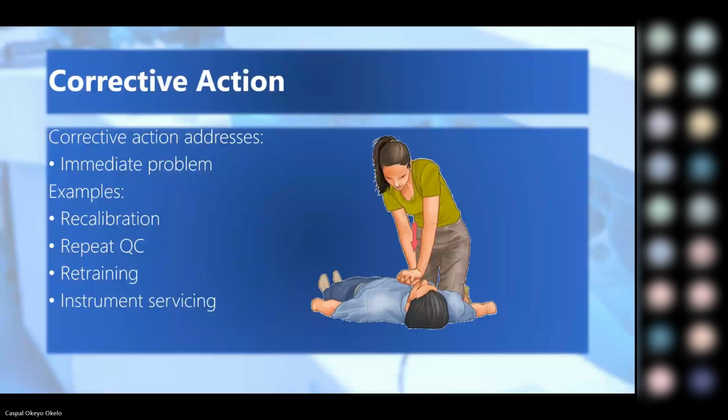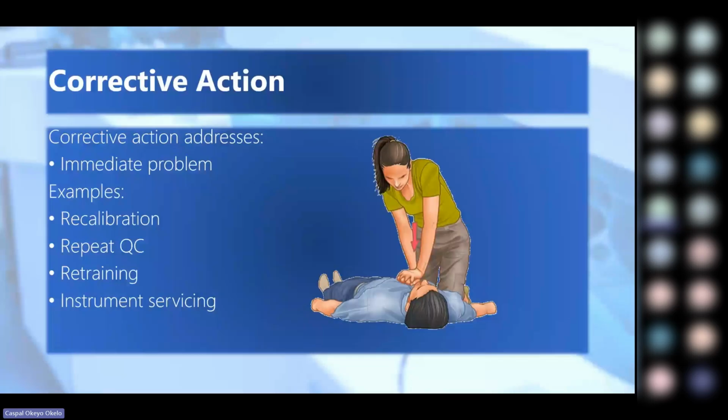And I'll emphasize at this point that corrective action aims to address the immediate problem. Think of it like CPR. When somebody collapses from cardiac arrest, what do we do? You don't start asking, oh, what's this person's diet? This person has been drinking maybe Coca-Cola for ages.